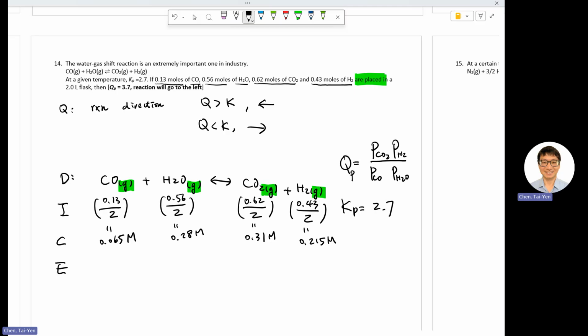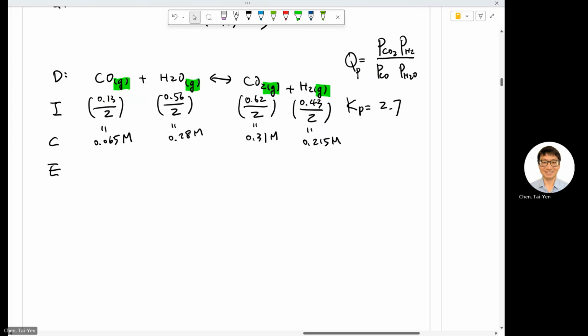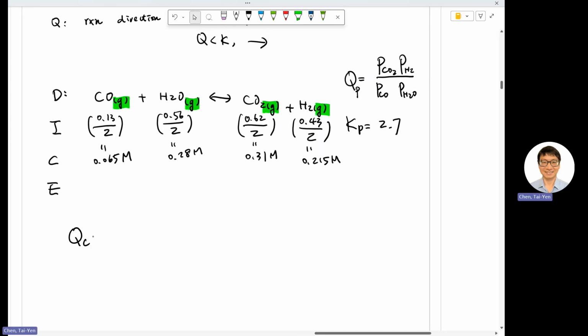It is not a pressure. Therefore, when you use these numbers to compute, the thing you are going to get is your QC, not QP, right? Everybody understand what I just said? Because the unit that you have here is not the pressure. It is actually a concentration. Therefore, the thing we can calculate is actually QC.